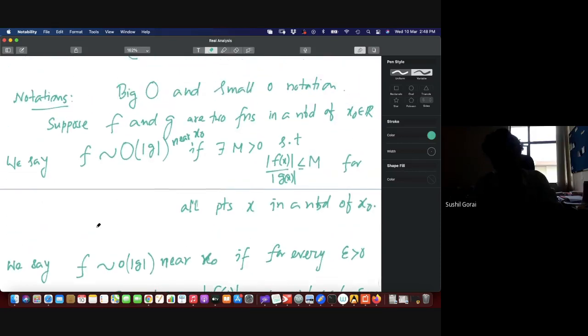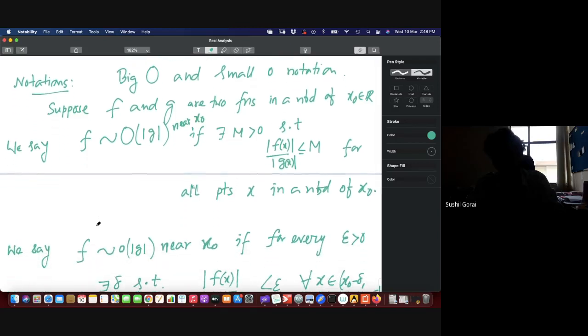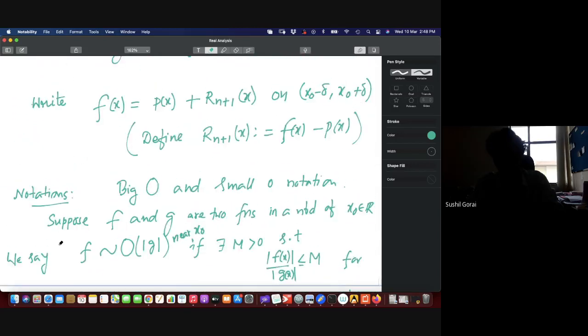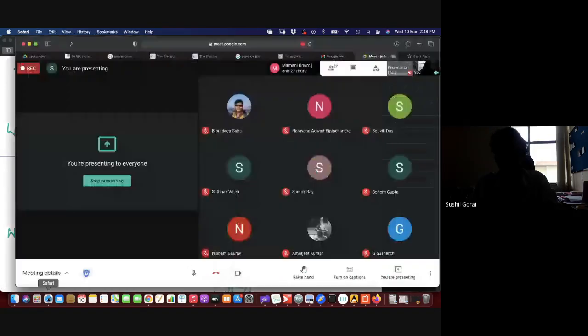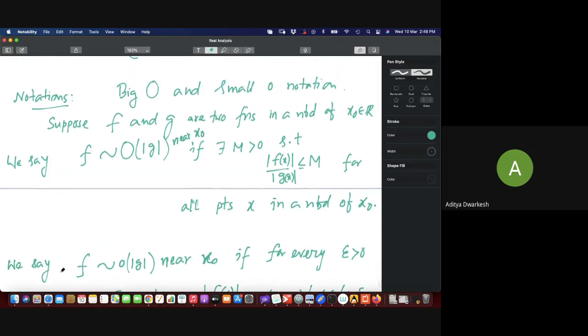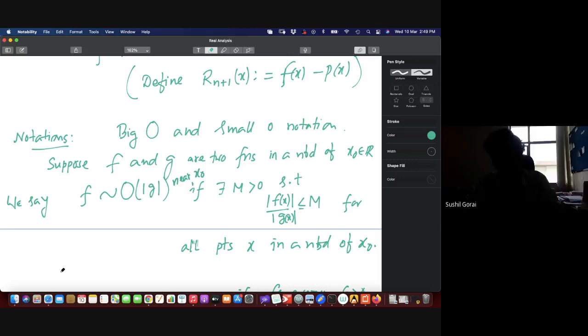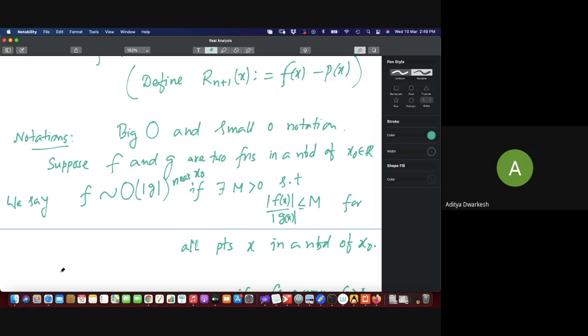Is this clear? Any question till now? Sir, I was just wondering, if you are given an order up to which you want to approximate a function, and the point at which you want to approximate the function, do these two parameters uniquely fix a polynomial which would approximate the function?